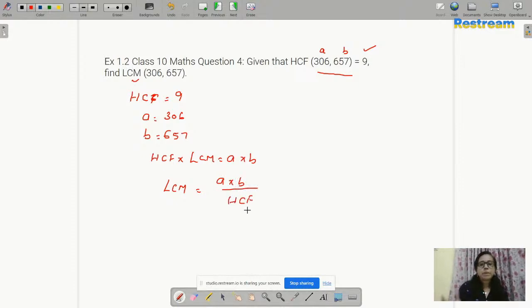Now A is equal to 306, into B which is 657, upon HCF, which is equal to 9.